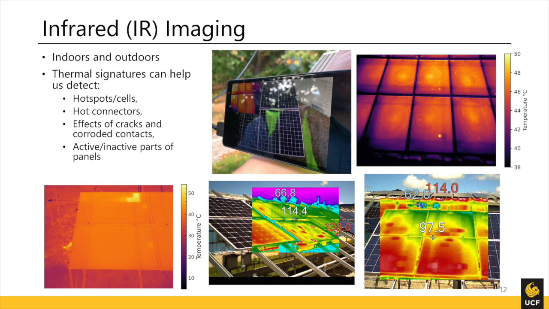You can look at connectors, and one challenge in solar is keeping good quality connectors. So it's very quick and easy to take an IR camera and see if a pair of connectors is actually connected properly. There's a good connection there.